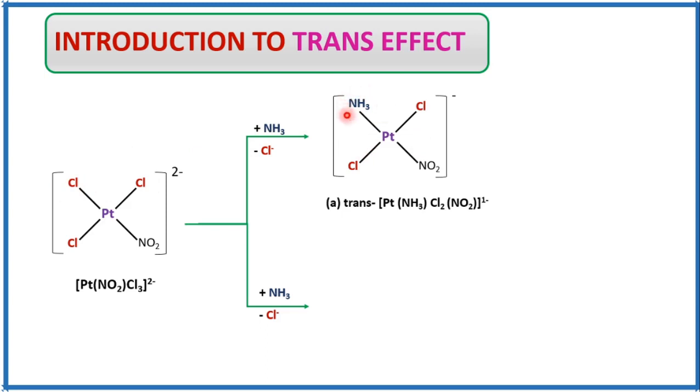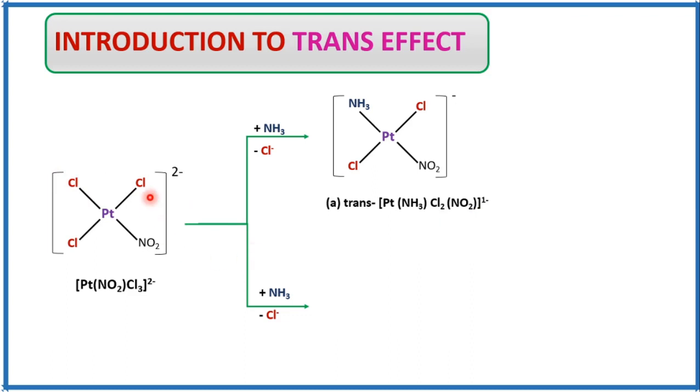This is a trans complex because ammonia and nitro, both ligands, are on opposite sides, or in this way we can say the remaining two chloro groups are trans to each other. Therefore we call it a trans complex.